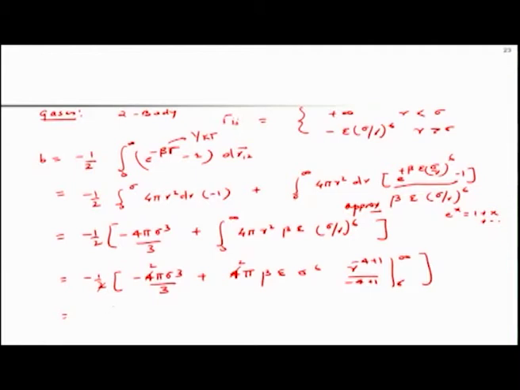So, what we have is 2 pi sigma cubed by 3, and this will become minus 2 pi beta epsilon sigma cubed by 3. The 3 comes from here, and the 6 cancels with the 3 and 3 from here. Now, I can simplify this expression simply as omega by 2 times 1 minus epsilon by kT, or beta epsilon.